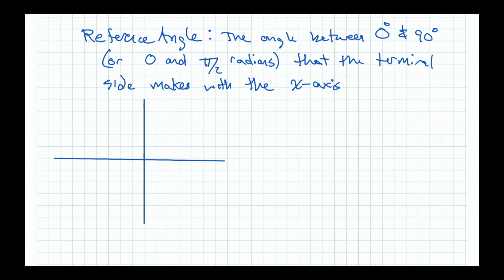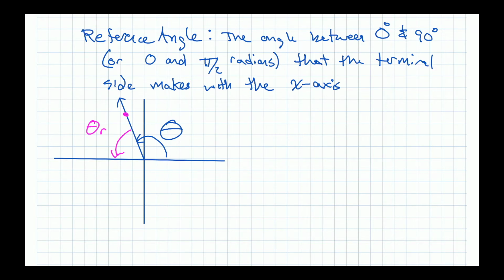So if you have an angle, let's say right here, there's your angle theta, then the reference angle would be over here, because you want basically the shortest way to get from the angle to the x-axis.